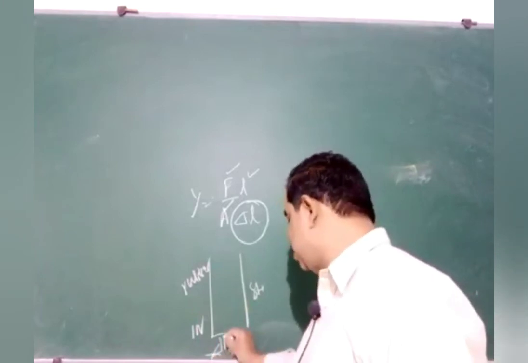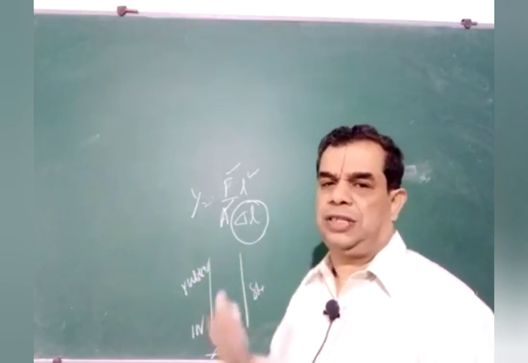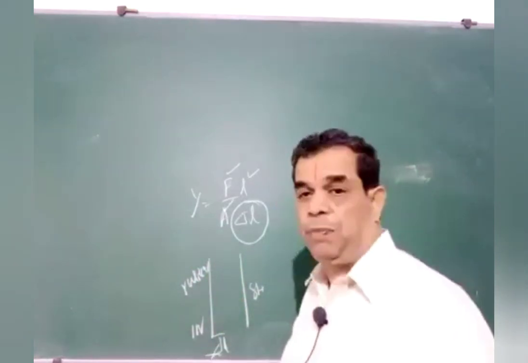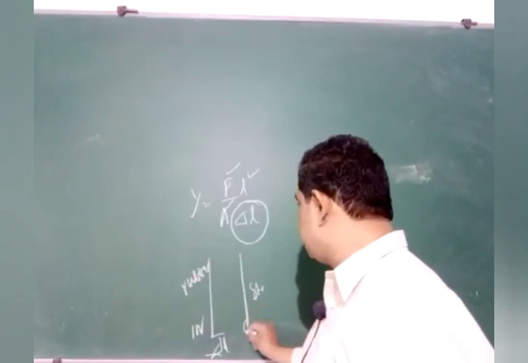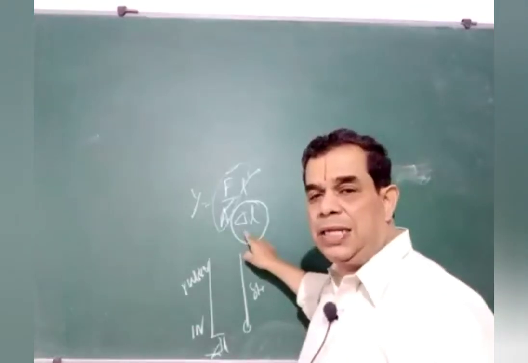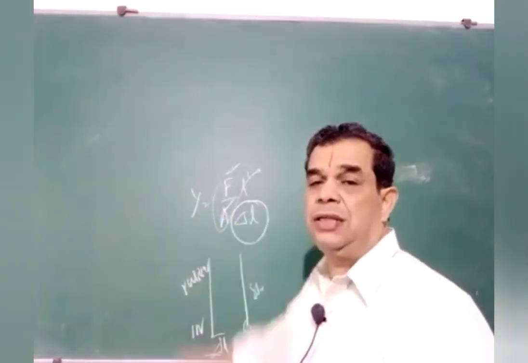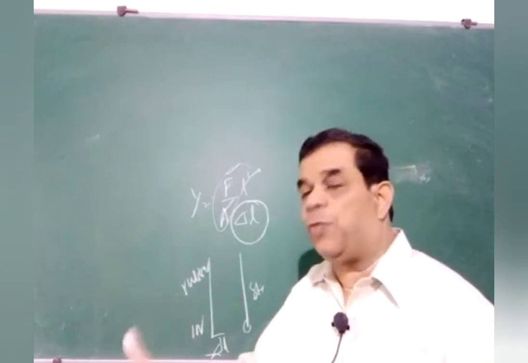Delta L is very large. The steel will not elongate to a large extent. Just now we applied 100 kilonewton, we got only very small, 1.5 or 1.6 millimeter. If all these three things are the same, delta L is least for steel, therefore Y is larger. That's why we say, for which Young's modulus is largest, that is more elastic.